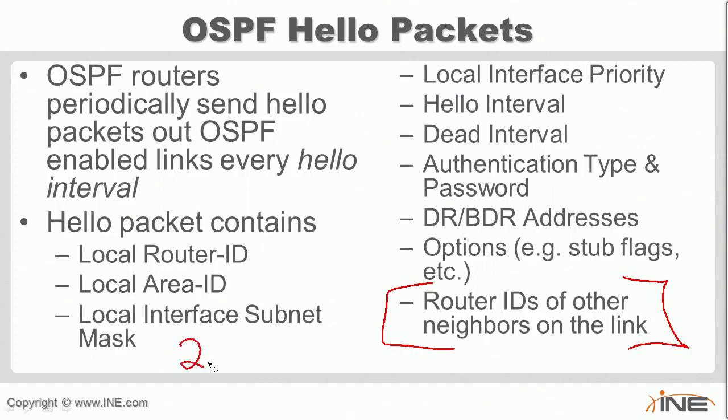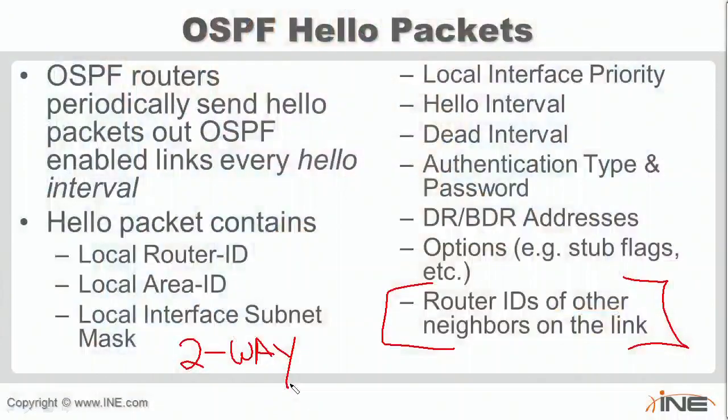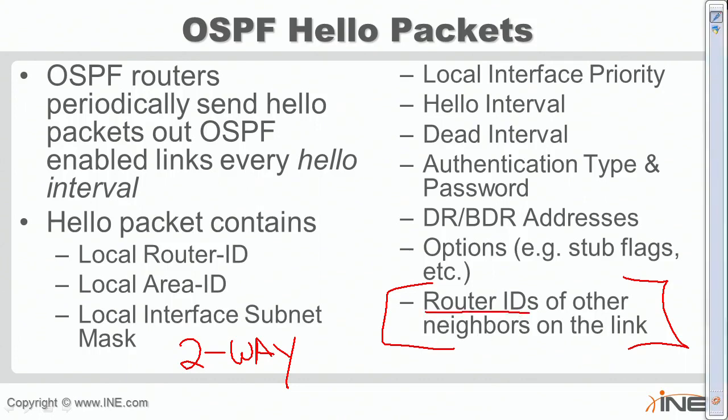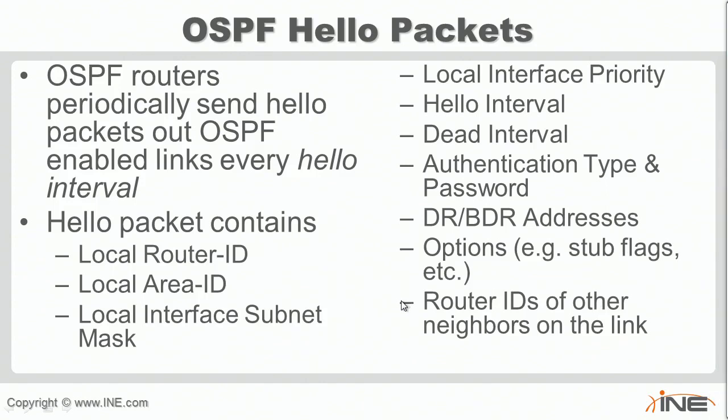This is what allows the routers to go into the two-way state, or basically acknowledge that they received each other's packets. So when I send a hello to you and you send a hello back to me, you acknowledge that you got my hello by putting my identifier in your own hello. This is one of the ways that OSPF makes its transport reliable.